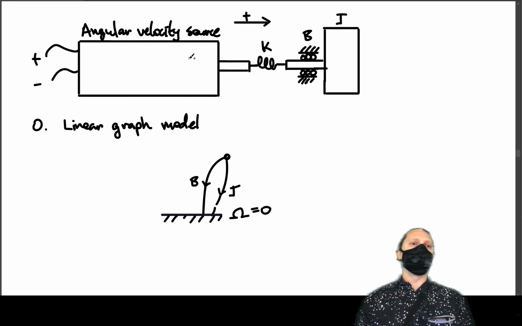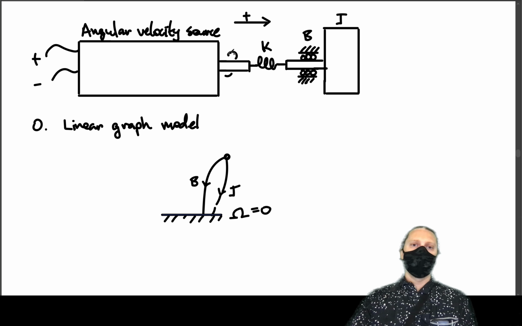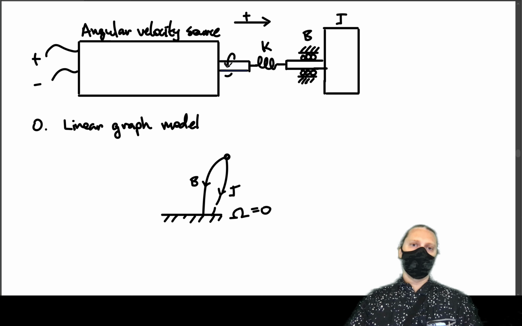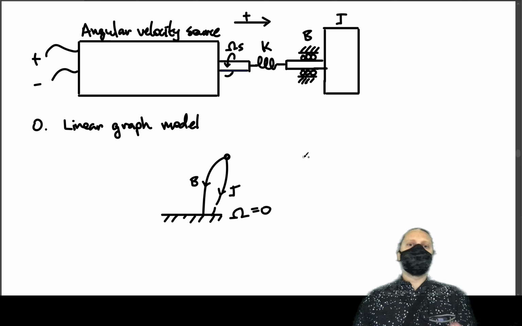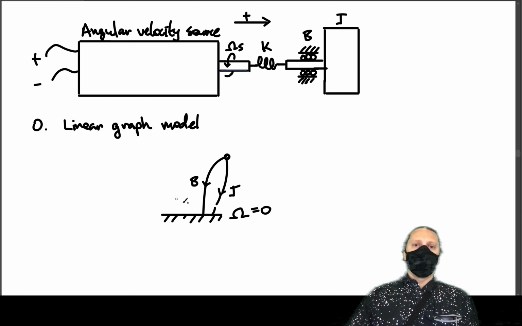It depends on the direction you connect up the terminals for which direction positive voltage creates in terms of torque. Let's assume that it is also in this direction. So we could draw it this way, which would be omega s in the same direction as our positive coordinate arrow.